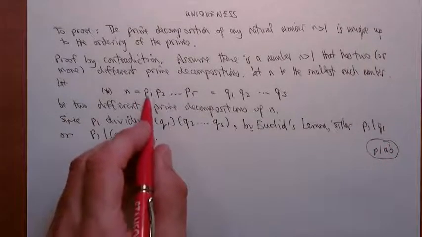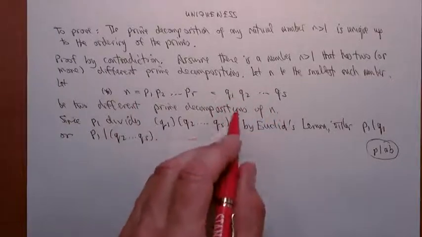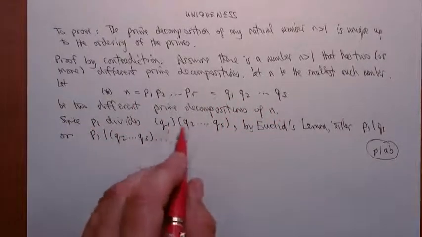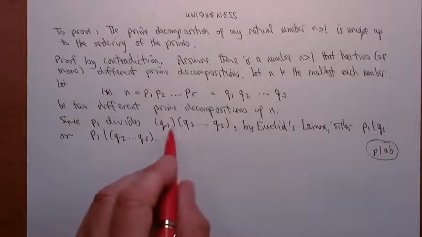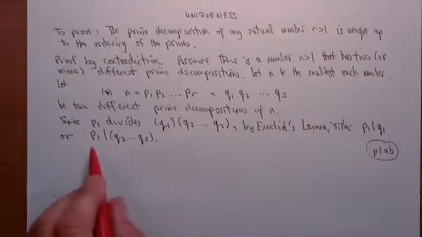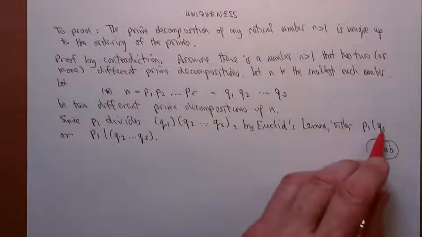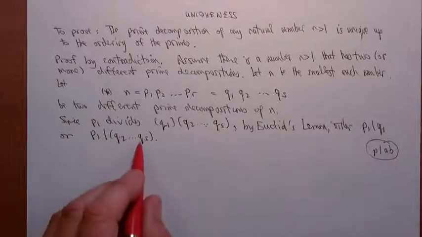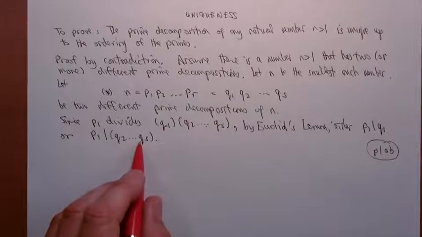So from here, p1 divides this product. I've now written that as a product of two numbers, and I can apply Euclid's lemma and say that if p1 divides that times that number, it must divide at least one of them. Either p1 divides q1, or it divides the other part, or maybe both of them.